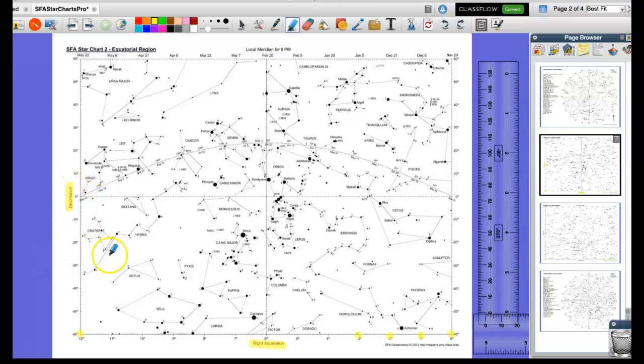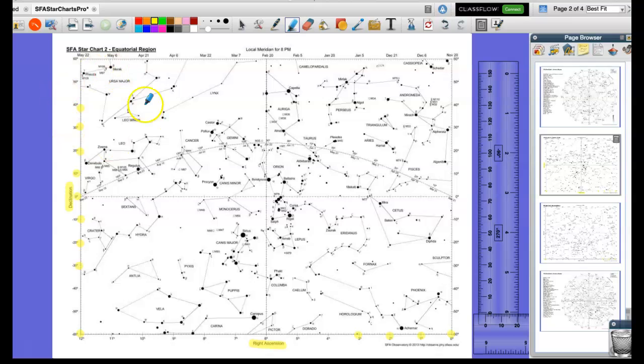Now our declination is measured differently. Our right ascension is measured in hours, but our declination, if you look, starts at 0 here on the celestial equator, and then it goes 10, 20, 30, 40, on up, north of the celestial equator. South goes negative 10, negative 20, negative 30, up on this page to negative 60.